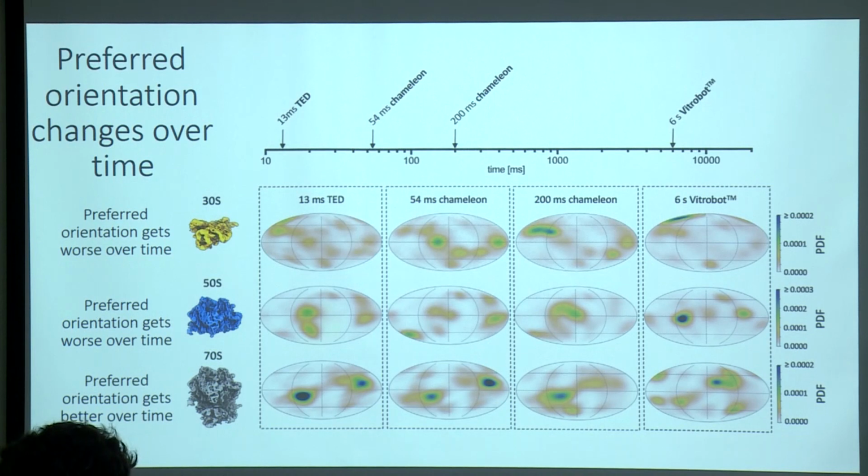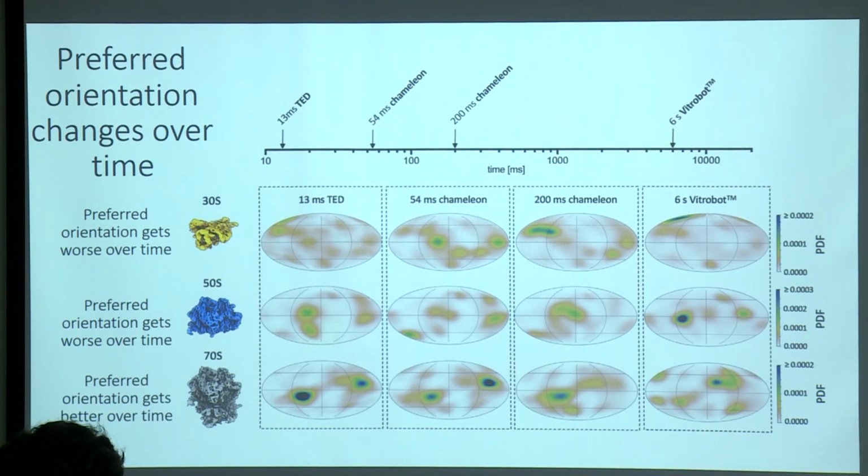So this is data all from a single grid, and we, again, made grids at different time points, so 13, 54, 200 milliseconds, and then our seconds-long Vitrobots. And we looked at the angular orientation of our particles present at each stage.